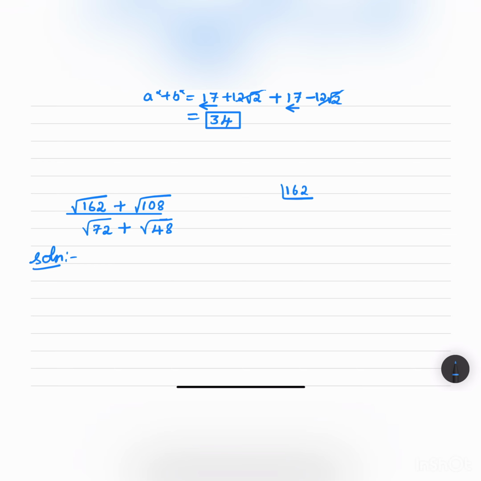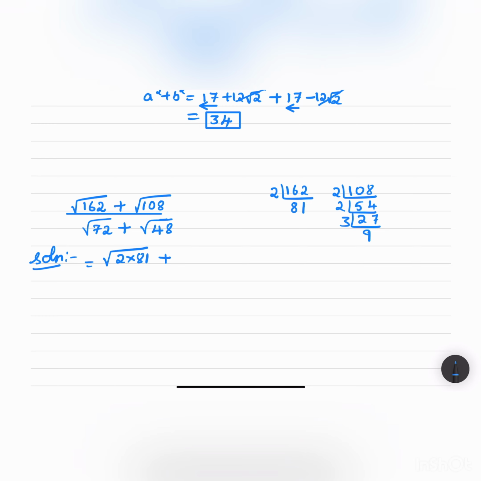Let us find out the factors of 162. If we divide it by 2, anyway it is an even number, we'll get 81. That will be equal to 2 into 81. 81 is a perfect square number, so I have stopped there itself. Now let us go with 108. 108, we'll start with 2 only. 2 54s are, 2 27s are, then 3 9s are.